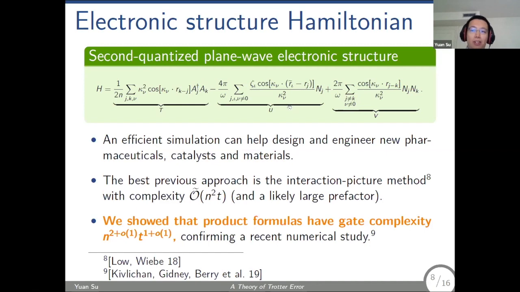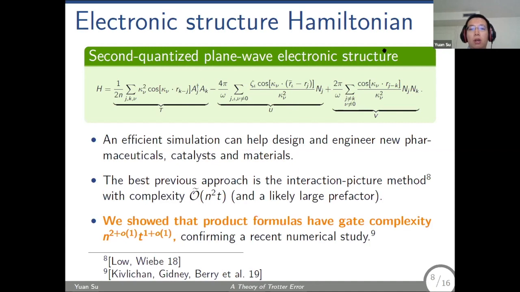So the best previous algorithm to simulate this Hamiltonian is called the interaction picture algorithm, developed by Low and Wiebe. This algorithm is, asymptotically speaking, very fast. It's very efficient. But unfortunately, nobody actually knows the practical performance of this algorithm because it's a very complicated algorithm.